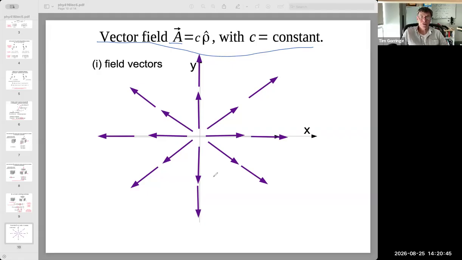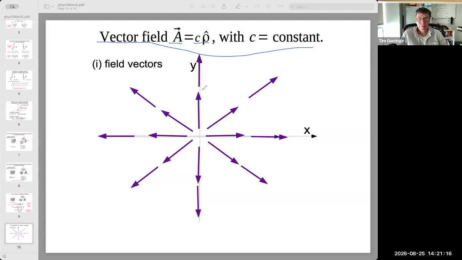So it's really a field that just reflects the direction of the rho unit vector. If I'm looking down along the z-axis on the xy plane in cylindrical coordinates in this slide, and I'm walking along the x-axis, then the rho vector is pointing along the x-axis, and I just see this constant field pointing along the x-axis, not changing its size.